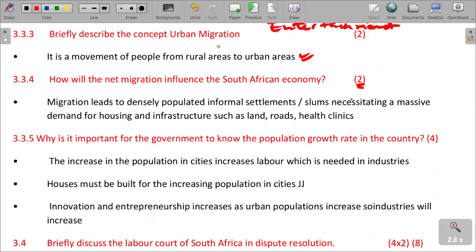It leads to densely populated informal settlements. Informal settlements can result in slums, necessitating a massive demand for housing and infrastructure. We talk about slums. These are poorly developed settlements or housing.